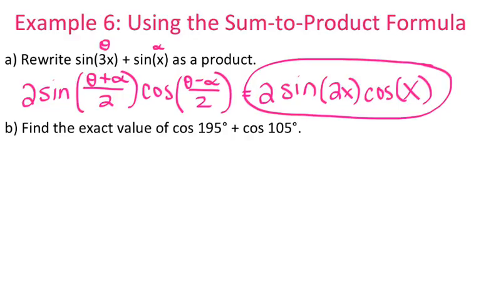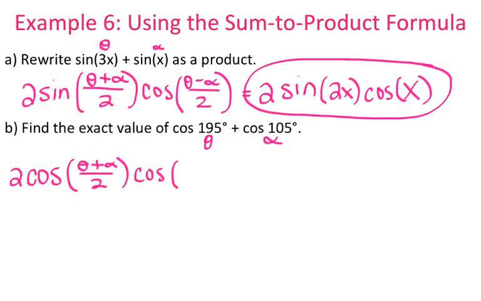Okay, last thing is to find the exact value using the sum. So what I do want to do is write this as a product. So I have cosine of 195, so this is my theta, this is my alpha. Here's the formula that I'm using. So I'm adding cosine and cosine, so that's 2 cosine of theta plus alpha over 2 times cosine of theta minus alpha over 2.